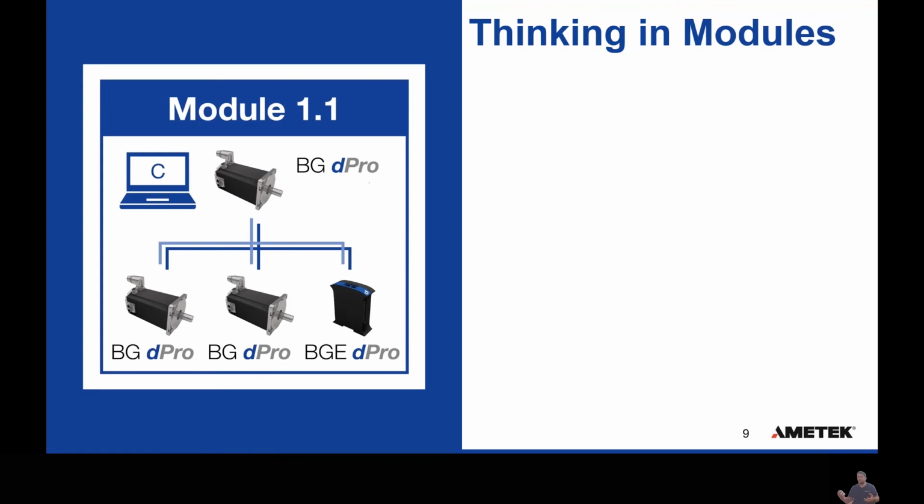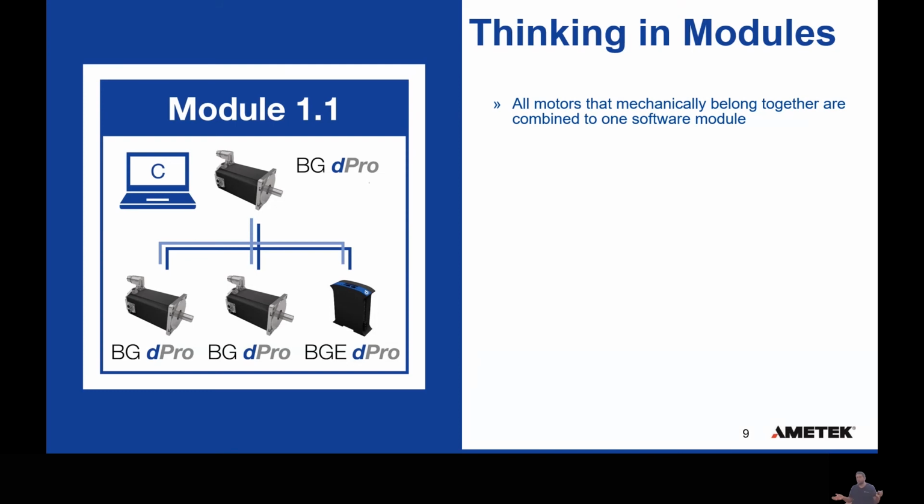I have mentioned thinking in modules can be helpful. And the module, in our understanding, is the combination of all motors that mechanically belong to one functionality. For example, an unwinder which has a brake arm, and the unwinder itself.